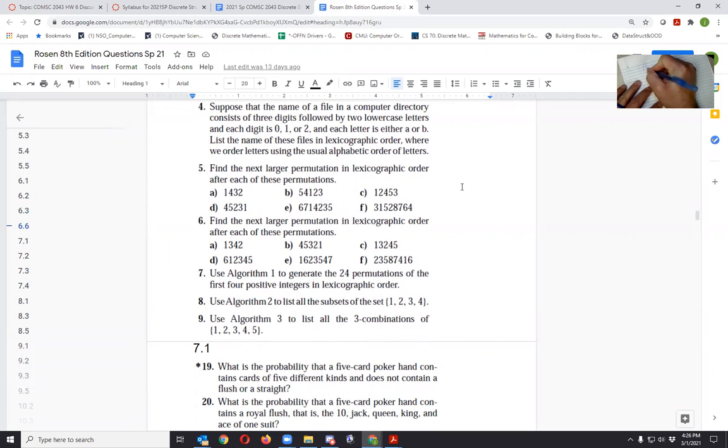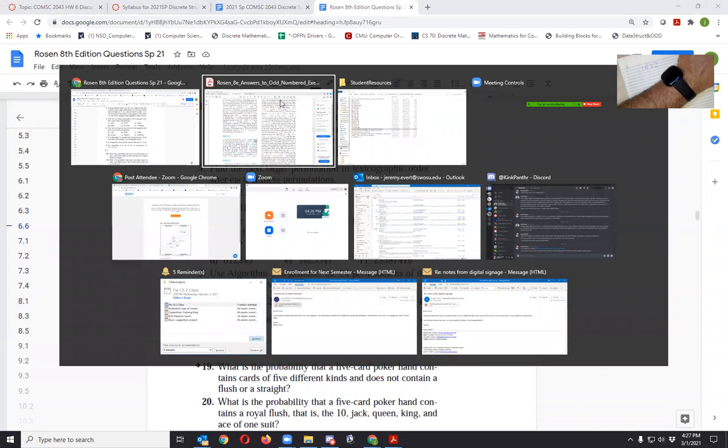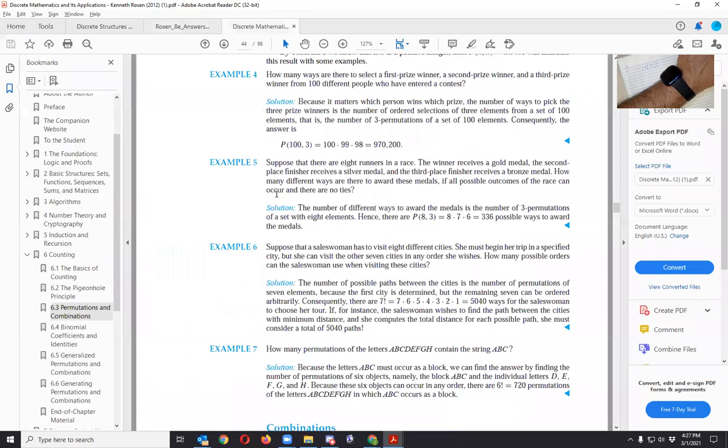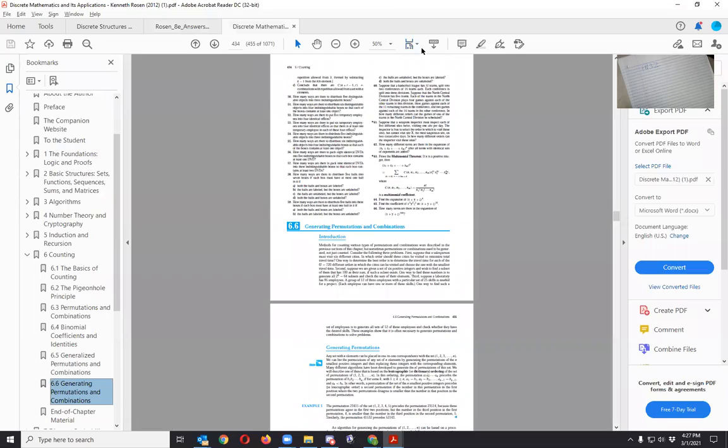So if we have 1, 4, 3, 2, all right, these often make my brain hurt a little bit. It's basically the bigger number. Let's pop into the book and see if they have any examples on permutations.